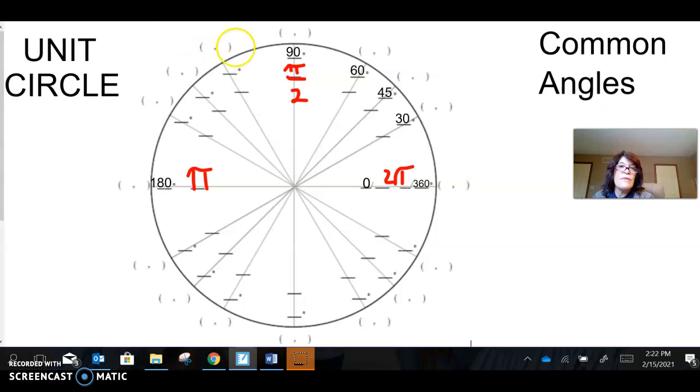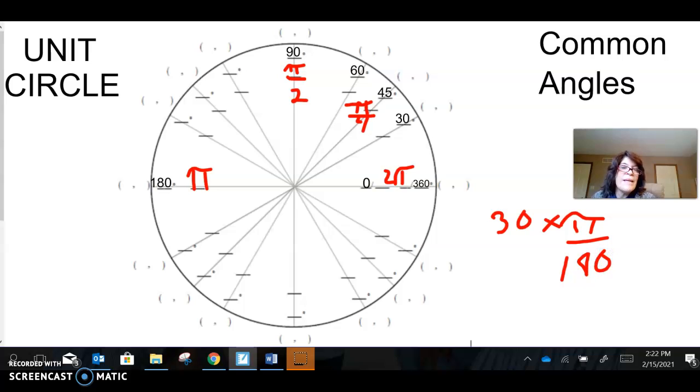Let's go even further. We did this a little bit. 45 degrees is half of pi over 2, so that's pi over 4, or 1/4 pi. And we also have the way that we just learned to translate between the two. If I want to do 30 degrees and I'm tired of thinking of it this way, I can take 30 times pi over 180.